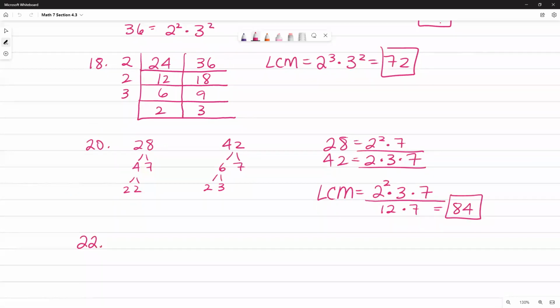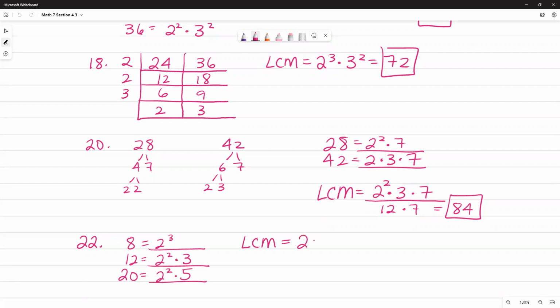That looks good. All right, I think this is something I can probably do on my own. So 8 is 2 cubed. 12 is 2 squared times 3, so 4 times 3. And then 20 is 2 squared times 5. So for our LCM, we take all the prime factors given.